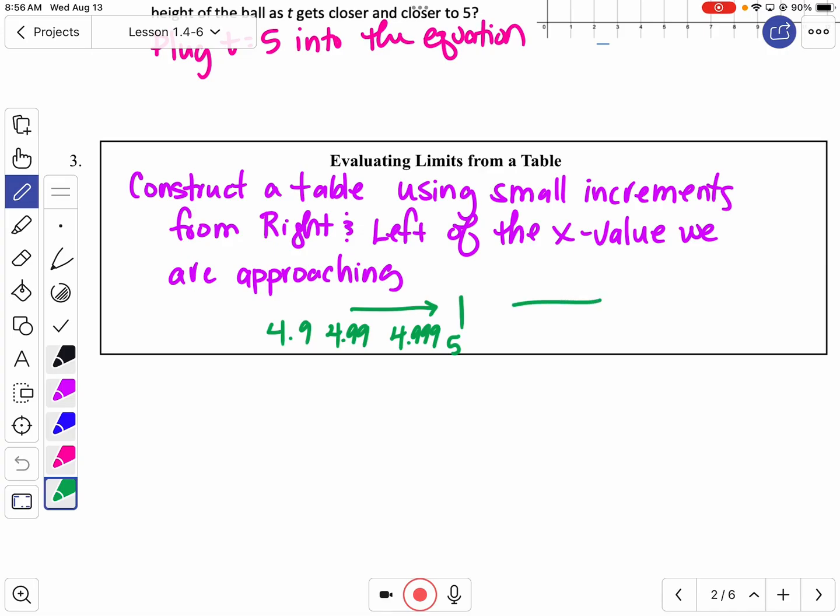Likewise, if I'm coming in from the right, I'm going to use incremental values like 5.001, 5.01, or 5.1, something like that. So we can see what we're getting close to.